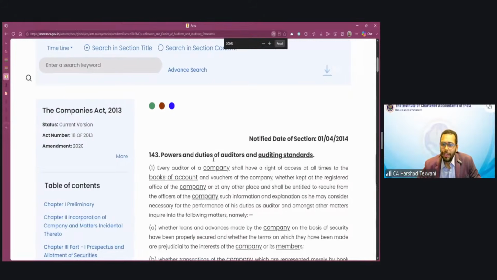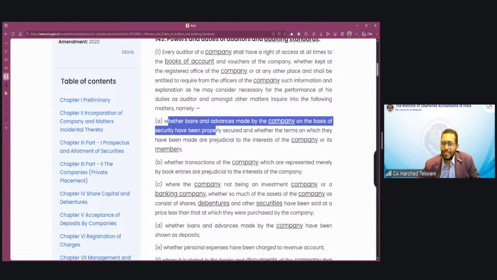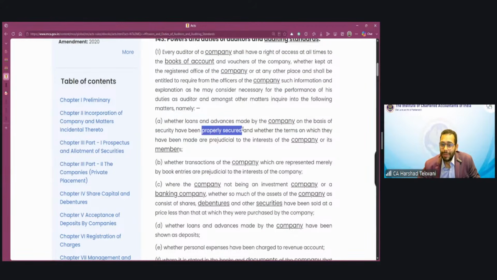Over there are already certain matters in which the auditor is required to inquire. First, whether the loans and advances made by the company on the basis of securities are properly secured.